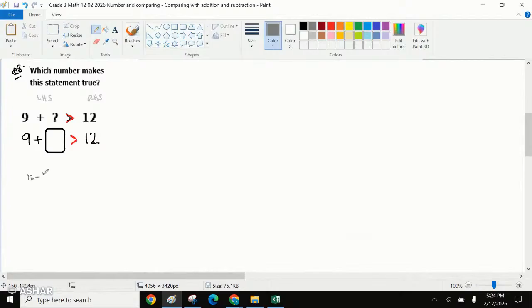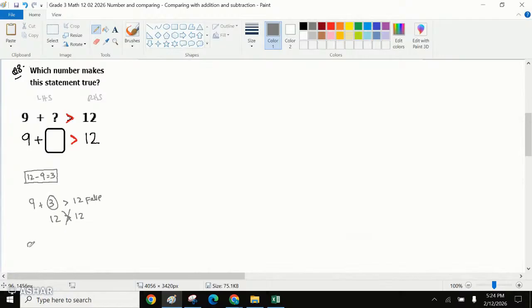The larger number minus the smaller would be 3. So we start substituting from 3. If I say 9 plus 3, it would be 12. Is it greater than 12? No, it's not. It's a false statement.